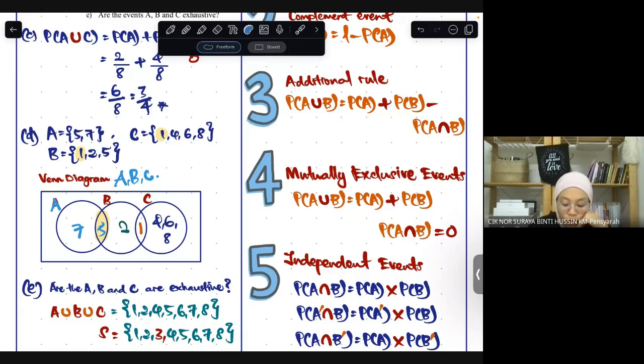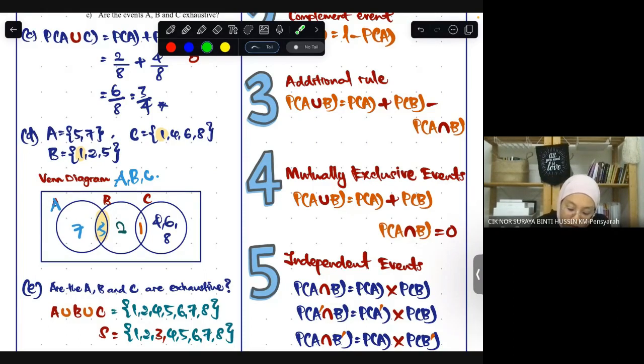So number 2 is here. Sorry, there are so many intersections. But as long as we know A and C are mutually exclusive, they will not join. The ones that join are between A and B, and also B and C. Okay, I think you already understand that.